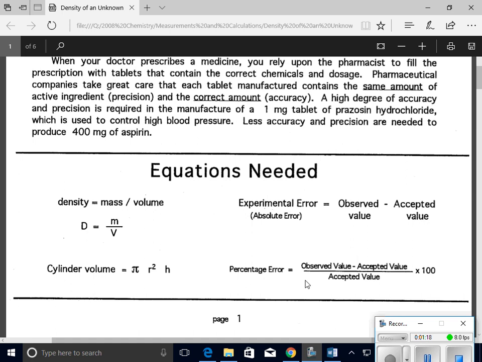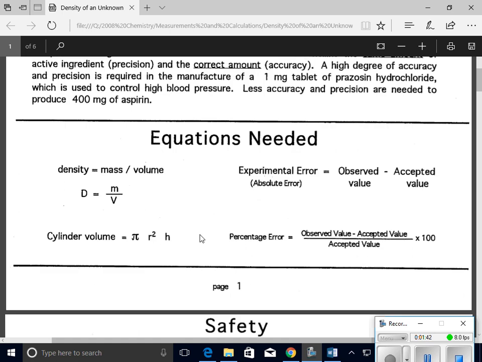Percentage error is the absolute error divided by the accepted value multiplied by 100. Now these equations, you will be using throughout the entire year. So it's important to know where this density of an unknown metal lab is in your binder so that you can refer to them later on in the year.